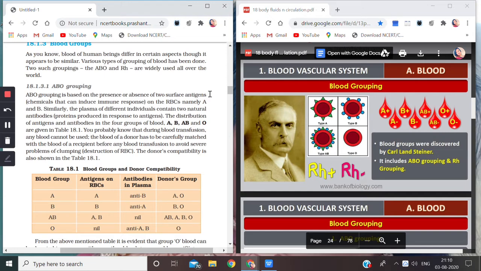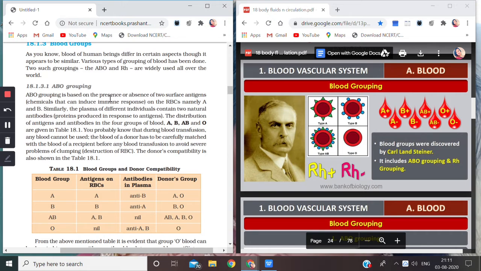The presence or absence of the antigen will decide how your immune system is going to respond.